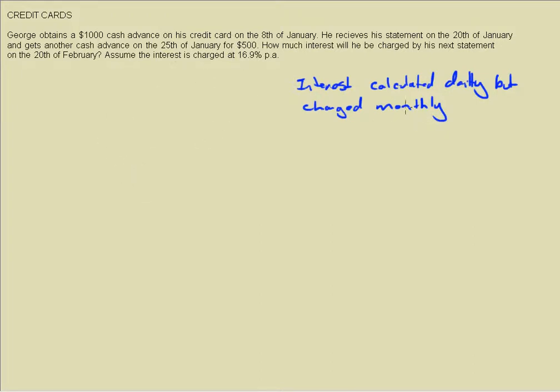It remembers all that, and then it bills you for that interest on the statement dates, on the 20th of February and on the 20th of January. So on the 20th of the month, that's when you get the bill for the interest, which means that it simply deducts that amount from what's currently in your balance.